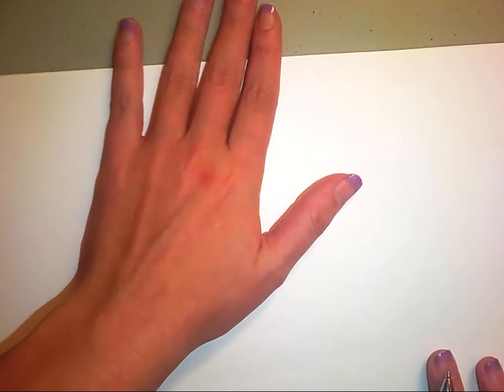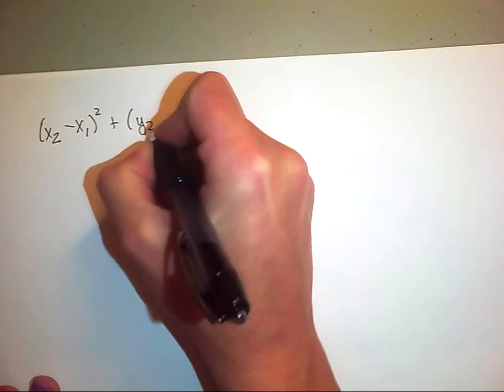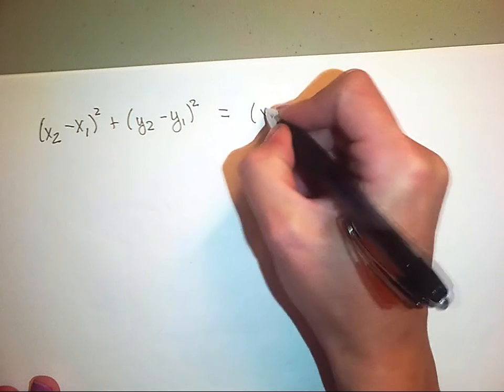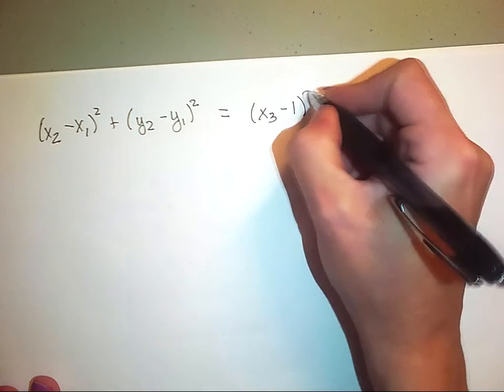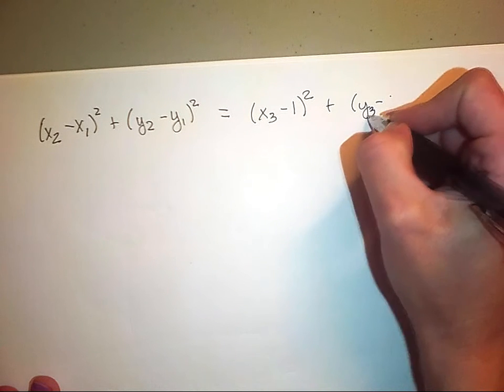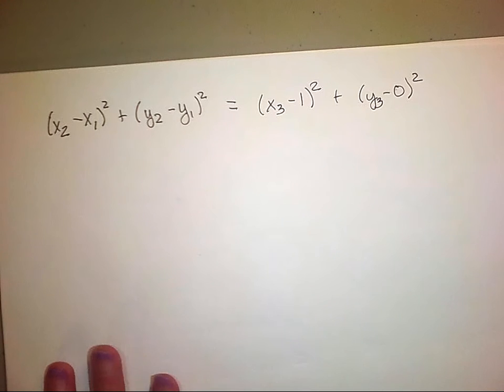When we do that, the radicals will disappear, and we'll simply have x2 minus x1 squared plus y2 minus y1 squared is equal to x3 minus 1 squared plus y3 minus 0 squared. This must be true.